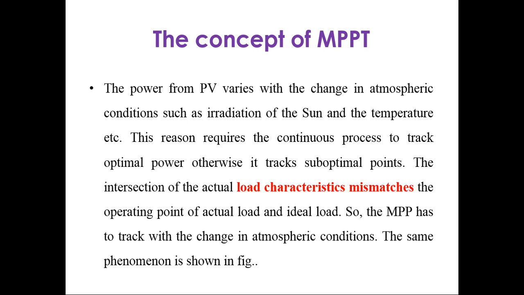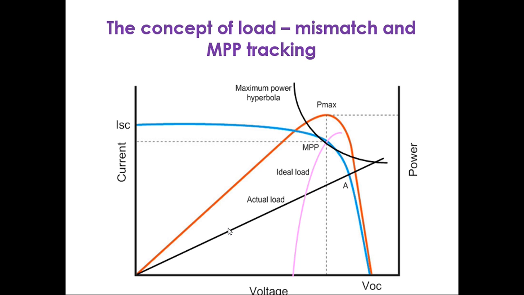Due to this, it requires continuous tracking of the optimal power points, otherwise it will track only suboptimal points. The intersection of the load characteristic will not track the MPP. So the MPP has to be tracked with the change in atmospheric conditions, and this has been demonstrated in this figure.